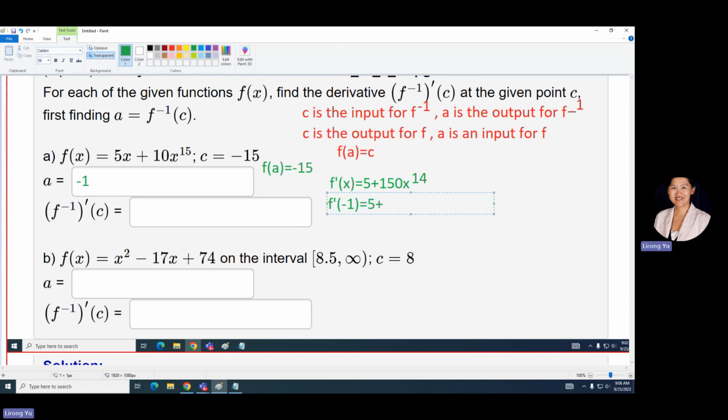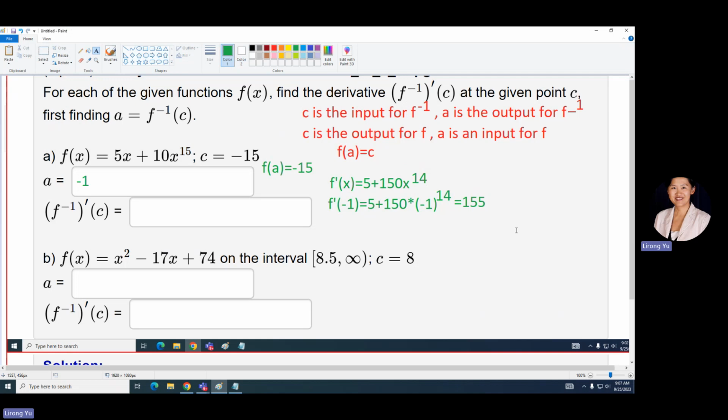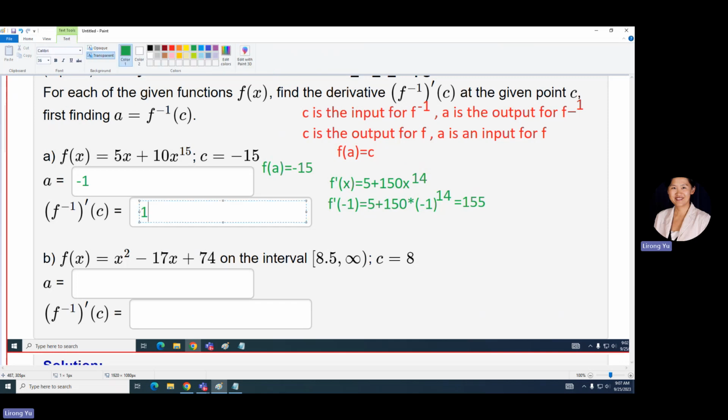It's 5 plus 150 times -1 to the power of 14, and -1 to an even power is 1. So it's 5 plus 150, which is 155. That is the slope of the original function. So the derivative, the slope of the inverse, will be the reciprocal. So the answer to this question will be 1 over 155.